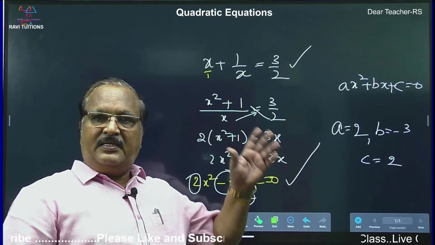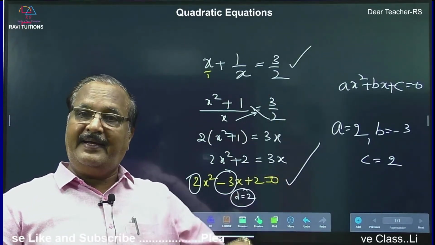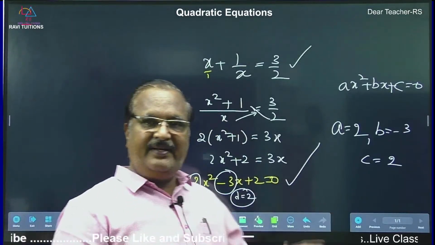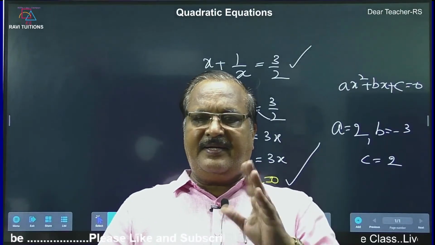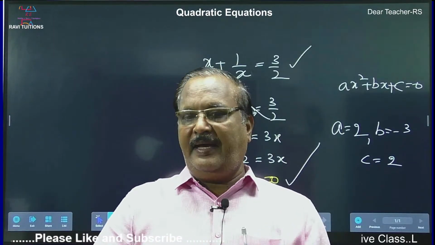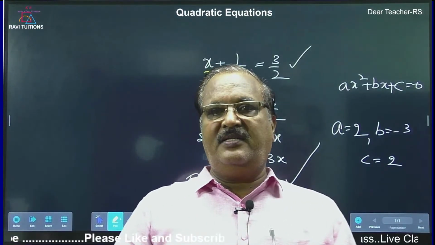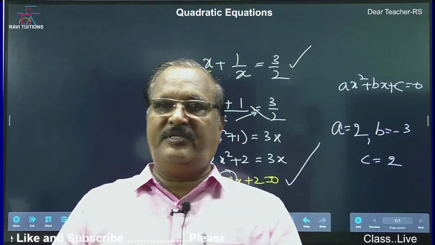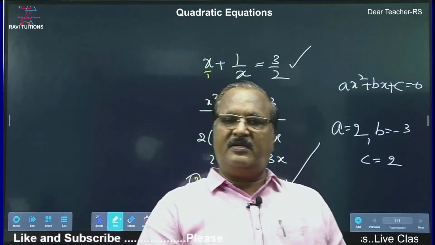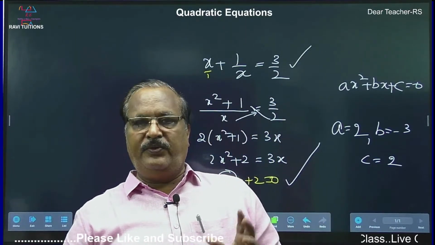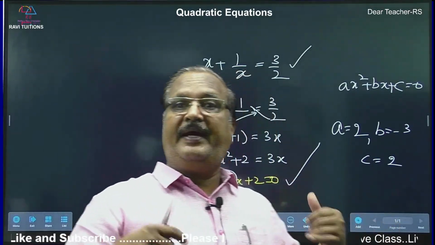So this is checking whether the given equation is a quadratic equation or not. This question might come in MCQ questions. Okay, there is a chance of getting this in MCQ questions. Identify whether this is a quadratic equation or not. So that is why you should know how to identify.